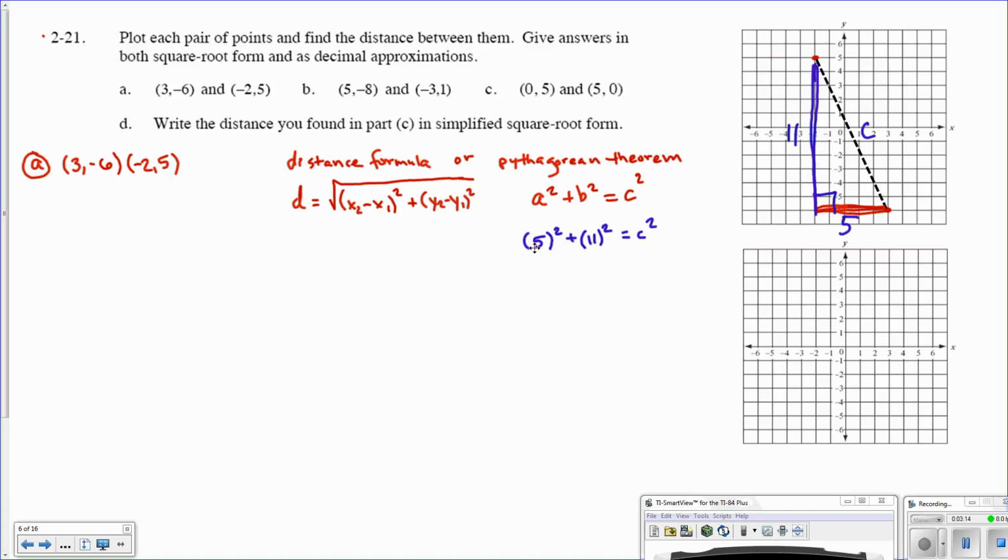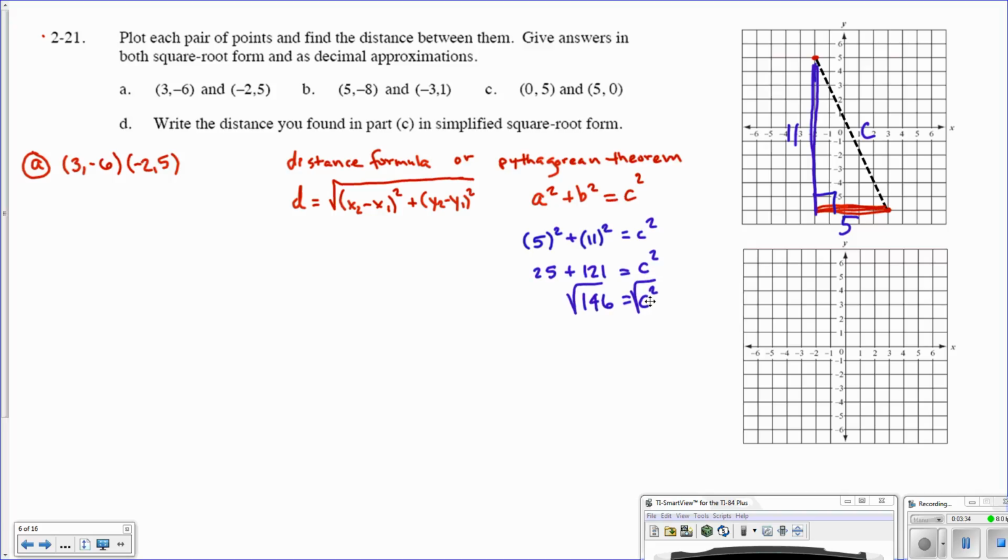Let's see here. 5 squared is going to be 25 plus 11 squared is going to be 121. That should equal my c squared, so that is going to be 146 equals c squared.